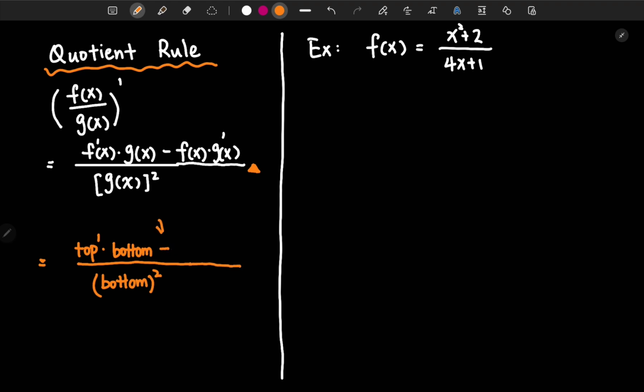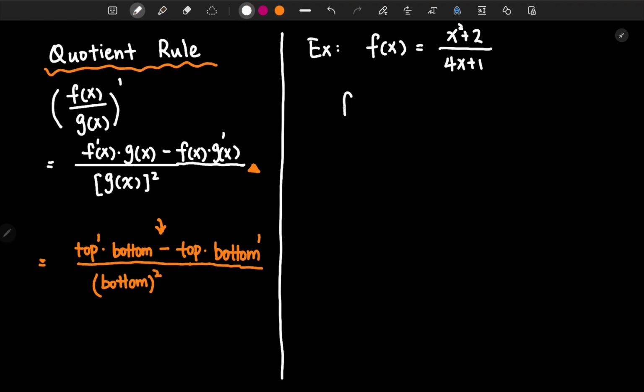Watch out for the sign here, this is a minus sign, which means the order of which one to take the derivative of first cannot be switched. Minus the top function times the derivative of the bottom function. Let's look at an example.